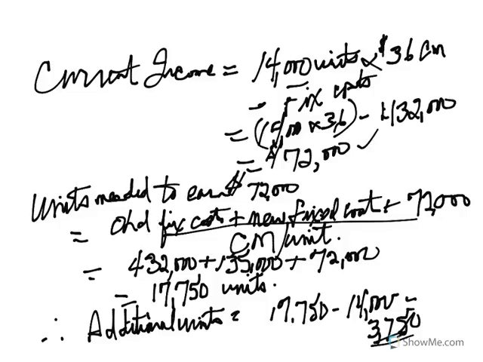Well, that would be the old fixed cost of 432 plus an additional 135 for advertising plus 72,000 profit. I need that divided by the contribution margin of 36, and I need 17,750 units. The question asked how many additional units. I'm currently selling 14,000. I need to sell 17,750. The additional units is 3,750.